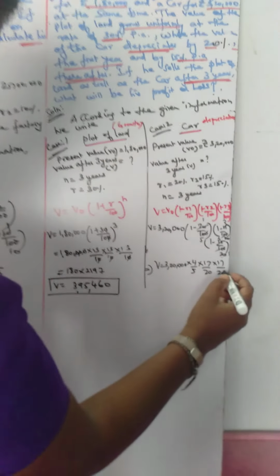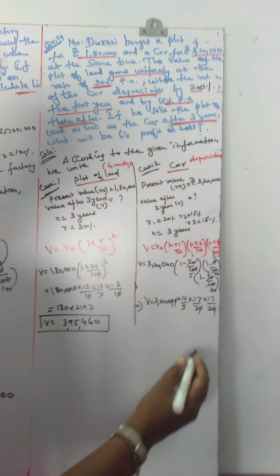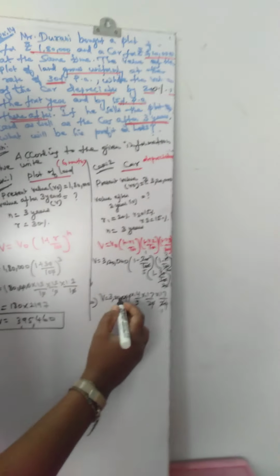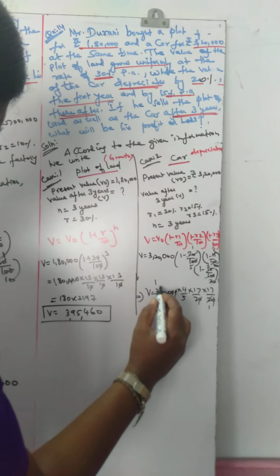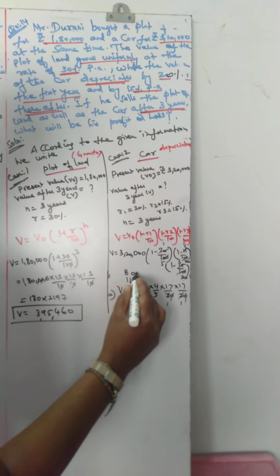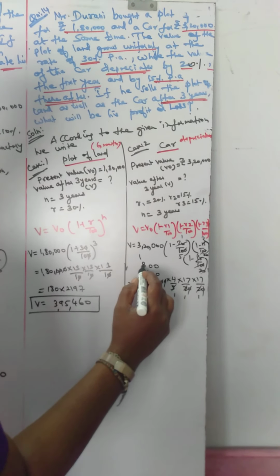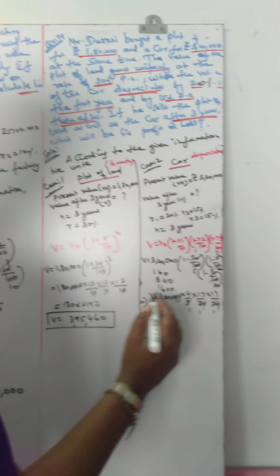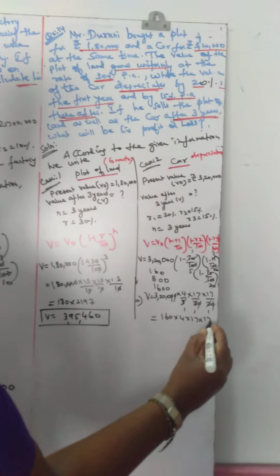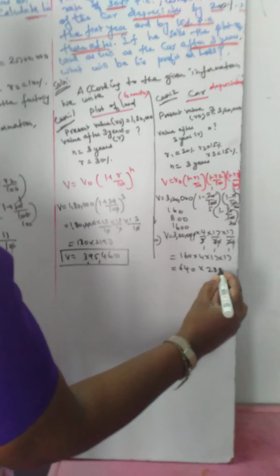Then we cancel the 2 zeros. Then by 2 table, this becomes 1,600, again by 2 table, 800, then by 5 table, 160. So 160 into 4 into 17 into 17, which is equal to 640 into 289.